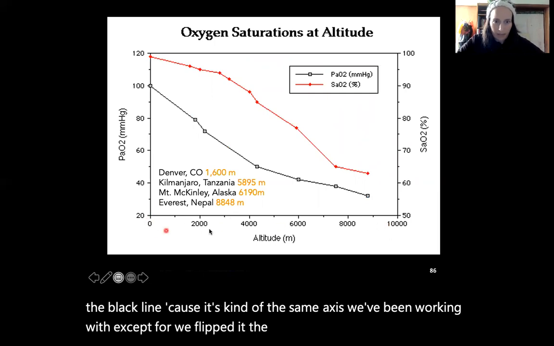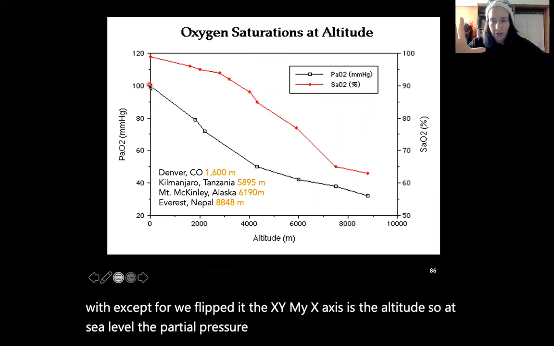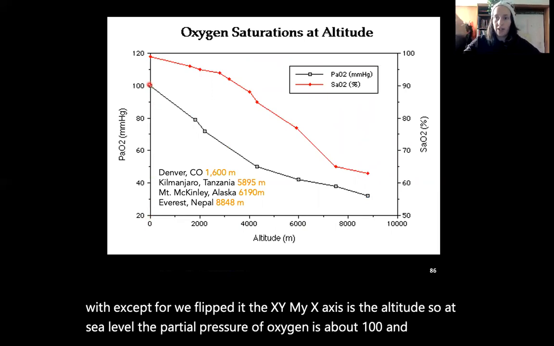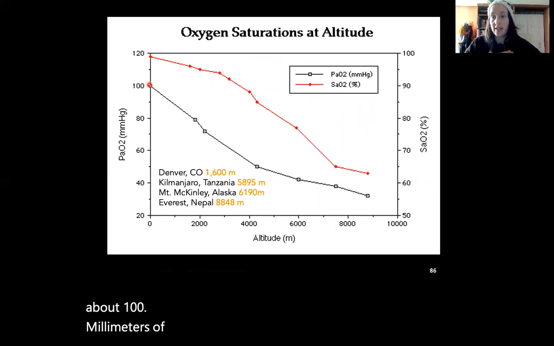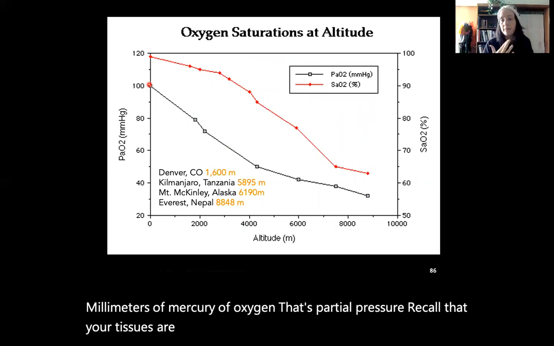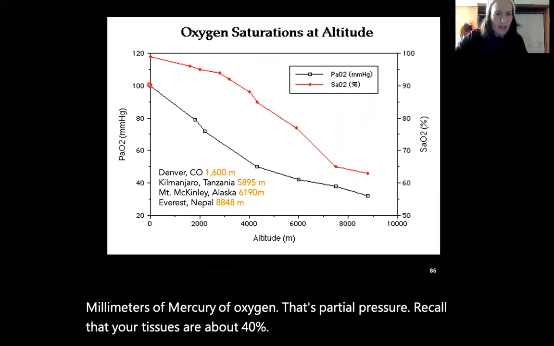My x-axis is the altitude. At sea level, the partial pressure of oxygen is about 100, which correlates with the graph in your book. The lungs get about 100 millimeters of mercury of oxygen. That's partial pressure. Recall that your tissues are around 40.